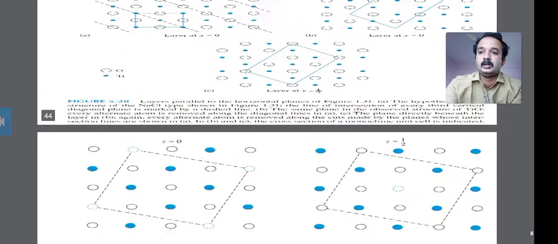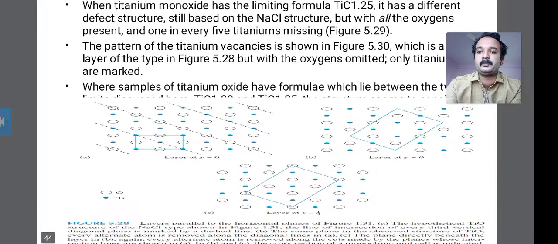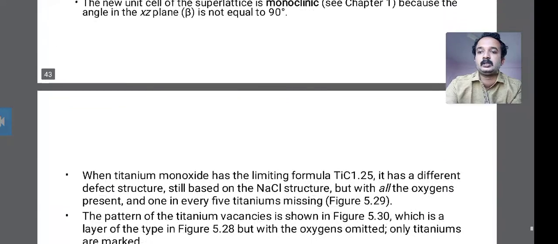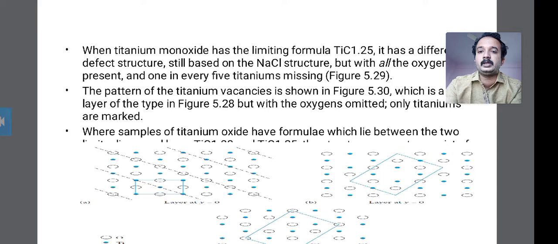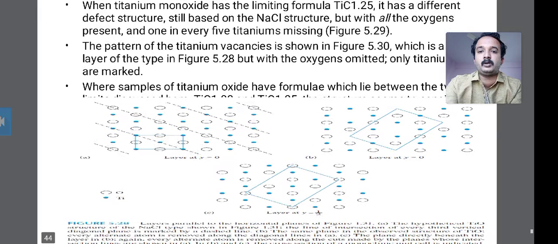Next point: when titanium monoxide has the limiting formula TiO 1.25, it has a different defect structure, still based on the sodium chloride structure, but with all the oxygens present and one in every five titanium missing.